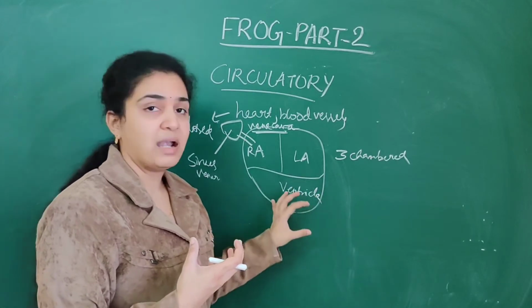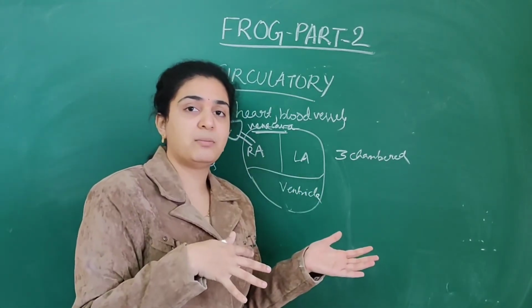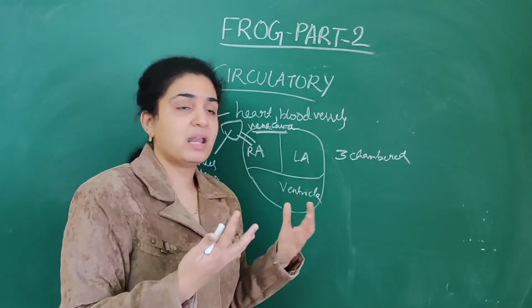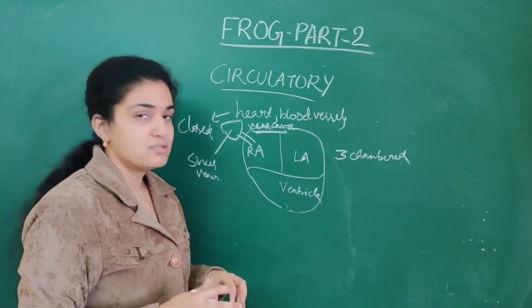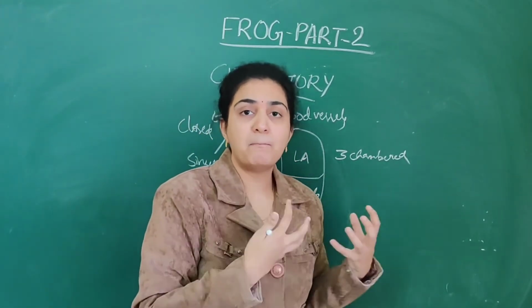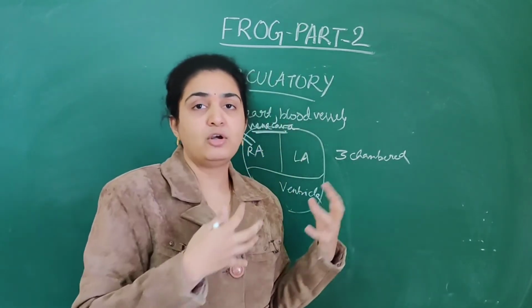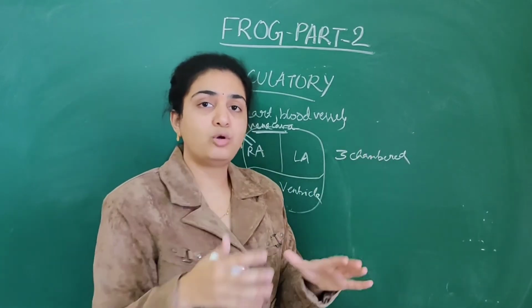This blood is mixed in the ventricle, that is, oxygenated as well as deoxygenated blood. Both types of blood are mixed in this ventricle, and from this ventricle, through numerous arteries, blood is pumped into the different organs. Veins will carry the blood to the heart.